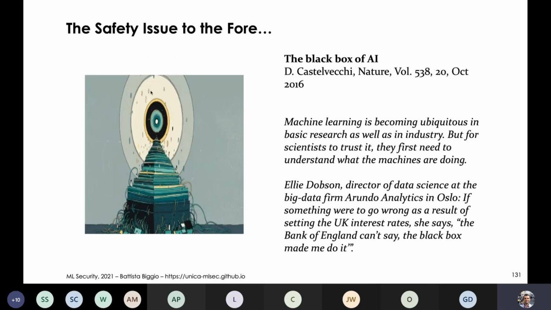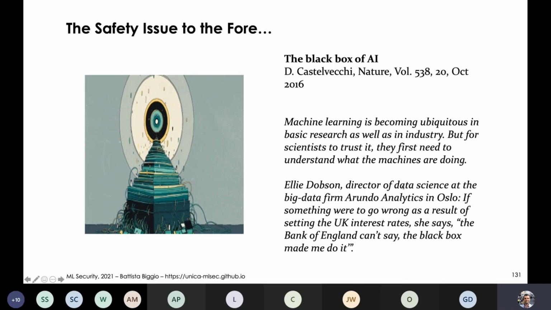There have been many articles published on magazines and websites where they divulgate science. One specific that I like is this one, Black Box of AI, which was published on Nature. And you see this comment, I think is very interesting.